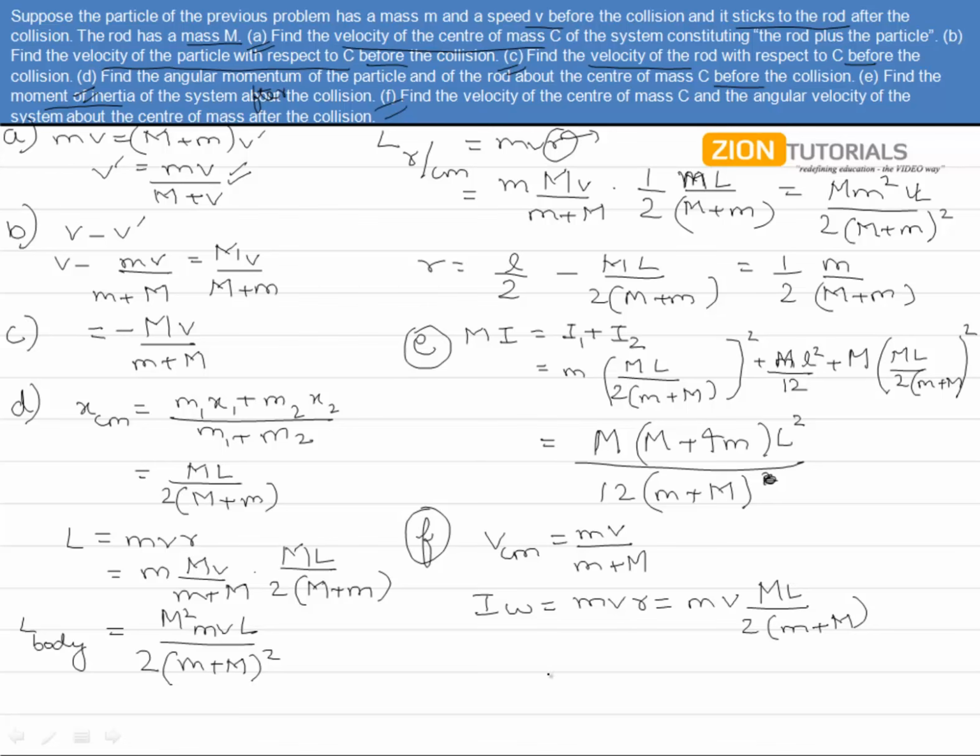So simply we can write the omega to be 6 mv over M plus 4m into L. Now here we got this center of mass velocity from the A part only, because this was v dash, that is with respect to the center of mass only. So for center of mass we can write down the velocity to be this.